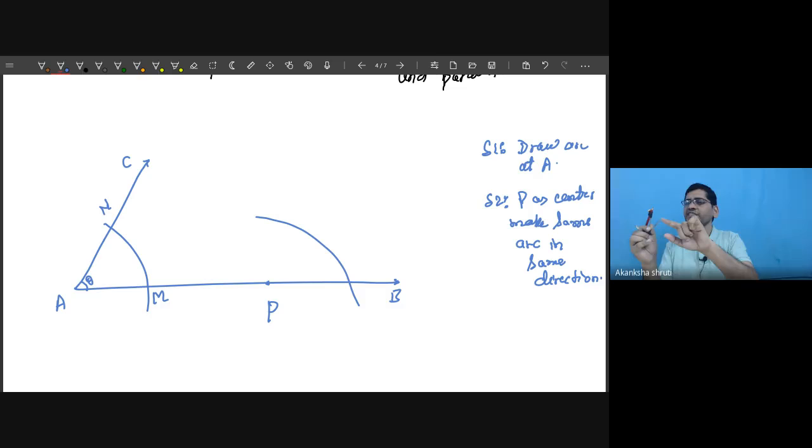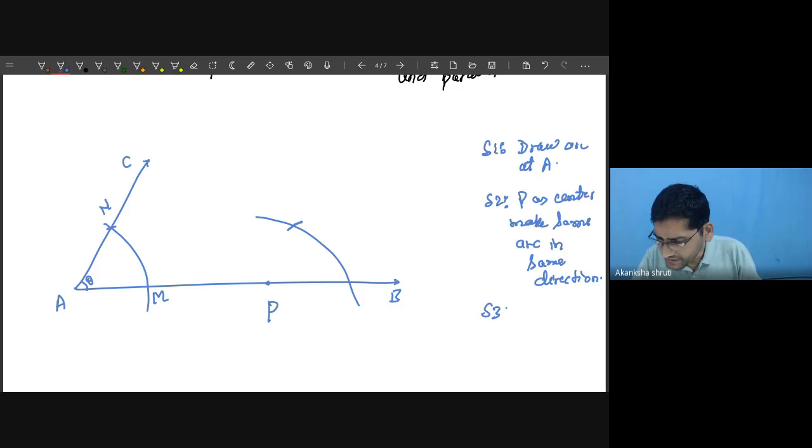You take the tip at M, extend the pencil by placing it at N, and then take the same arc and mark it. So this way we have cut the same arc length over the new arc drawn at P.